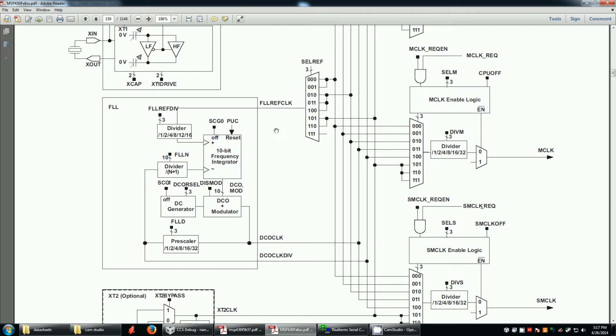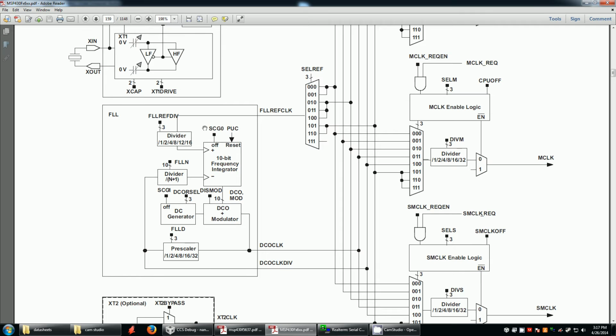So to configure this FLL system, really what you need to look at is your reference clock divisions, which I'm not going to use in this example, but you could divide this clock to make it even slower, which would mean you'd want to divide this DCO output feedback more to make them match.